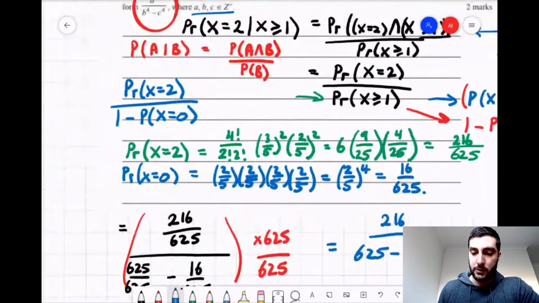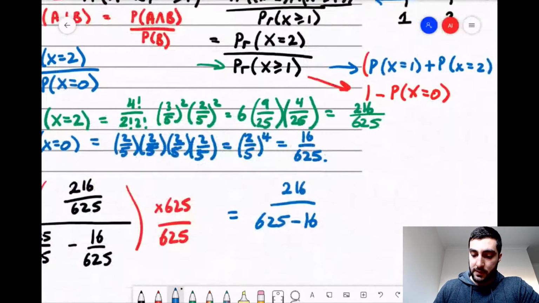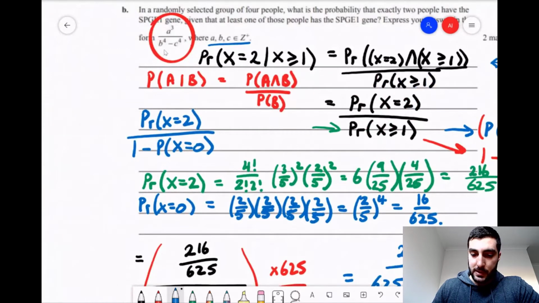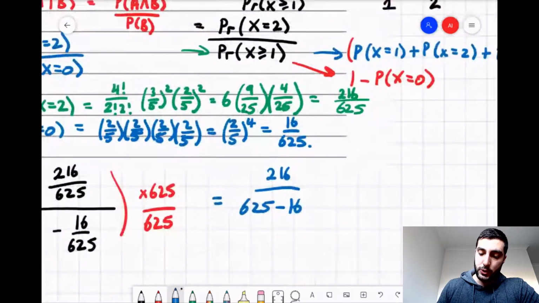So now we're getting really, really close. We've got positive integers here, except we need it in terms of A, B, and C, where A is the cube of something, or we're going to have to cube it to get 216. B, we have to put it to the power of 4 to get 625. And C, again, is to the power of 4 should give us 16.